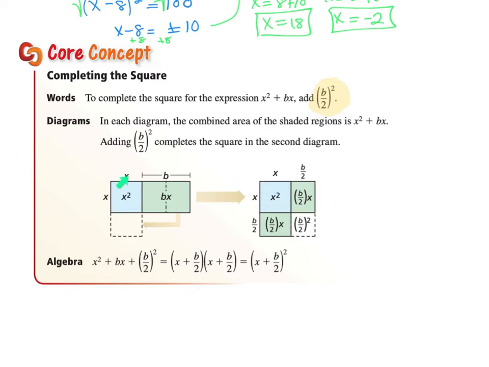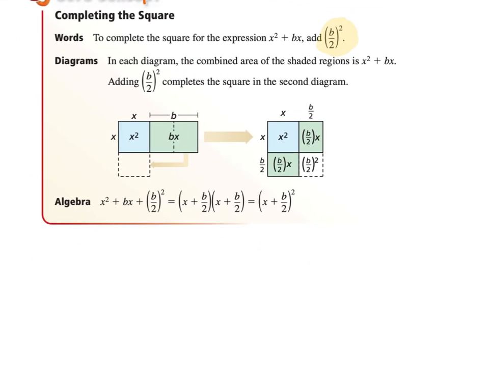Notice you have x, and this is the b we know of. There's your b, there's your b. We know we're going to have x times x, and we have to figure out what we need here. That's the idea behind it. It's a picture version. And algebraically, we take b over 2 squared, and it factors as x plus b over 2, x plus b over 2, which we can simplify as x plus b over 2 squared.